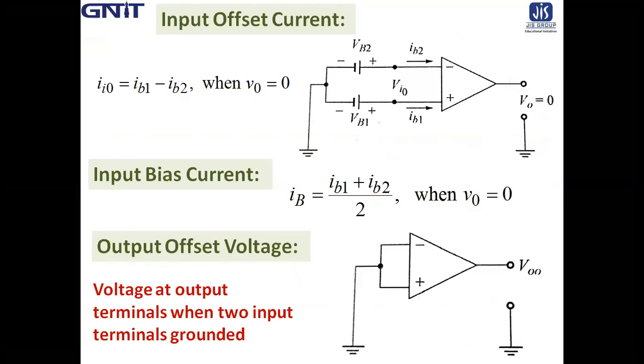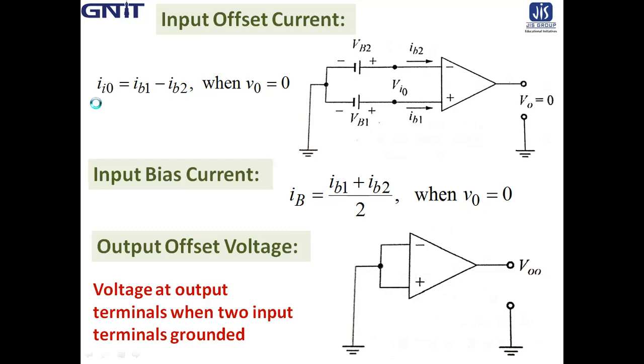Next is the input offset current. Input offset current is the difference, see in the figure, between the currents into the inverting and non-inverting input terminals of a balanced amplifier.